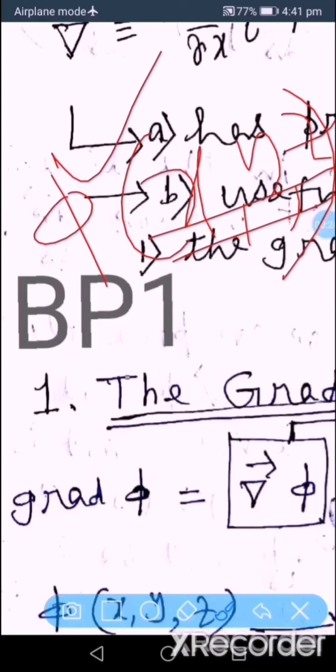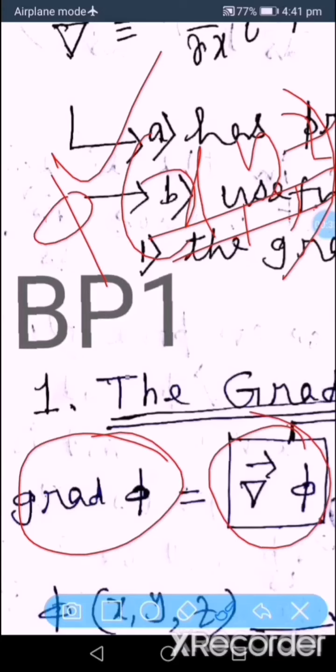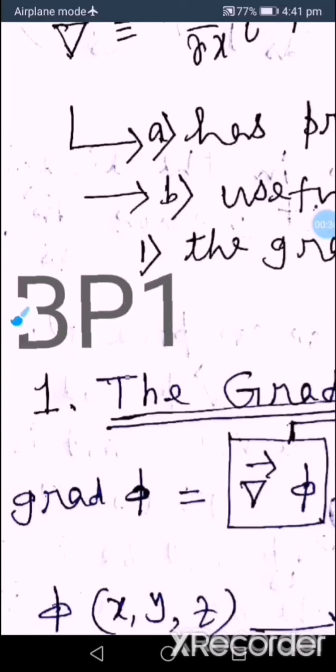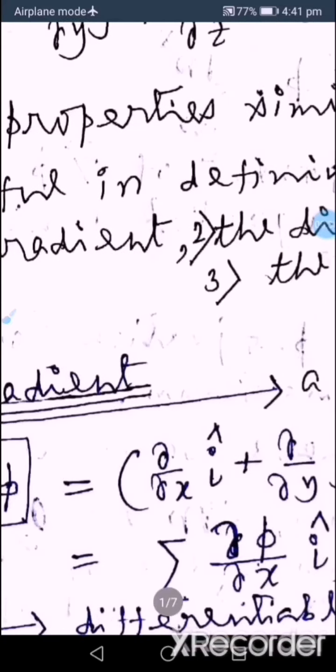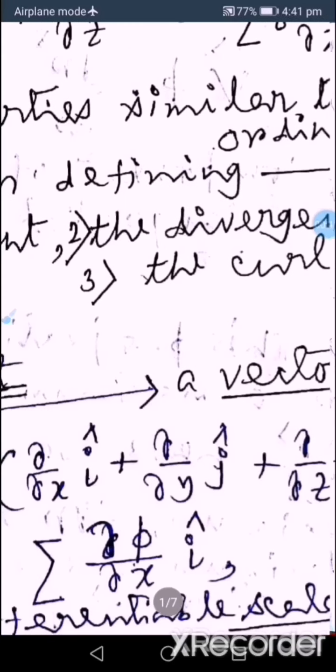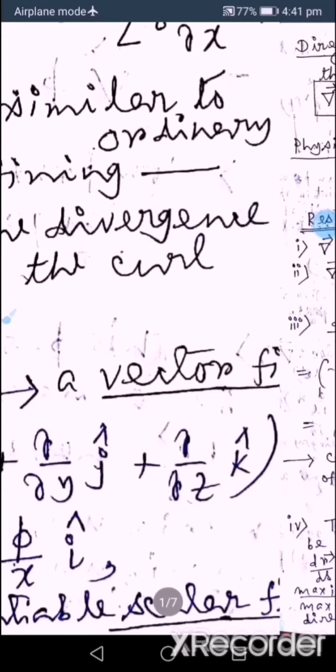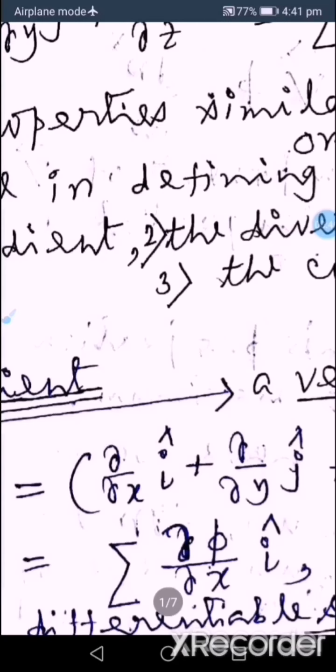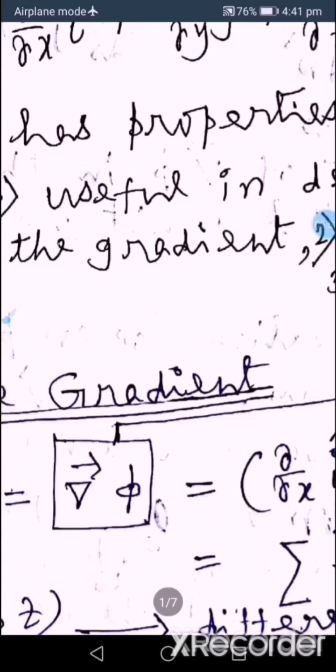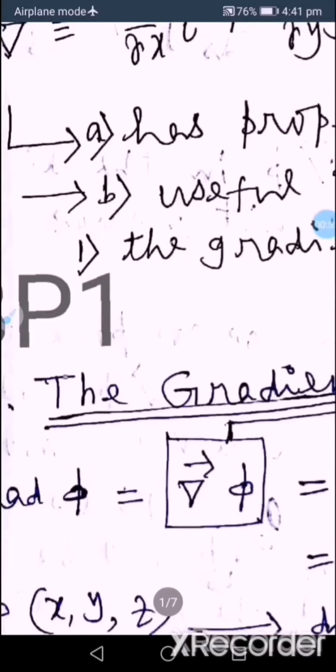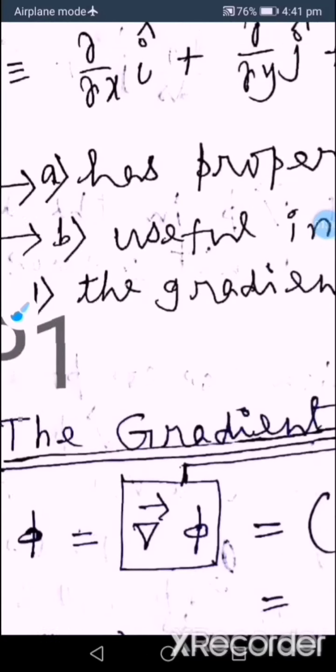Then the gradient of phi, written as grad phi or del phi, is defined by grad phi equal to (del/del x i cap plus del/del y j cap plus del/del z k cap) phi, that is, summation of del phi/del x i cap. It is to be noted that phi is here a differentiable scalar field.